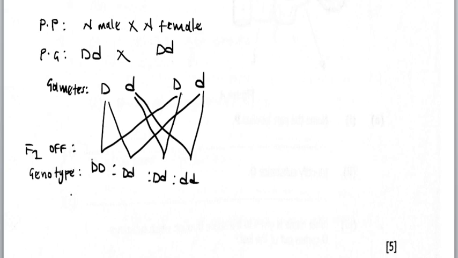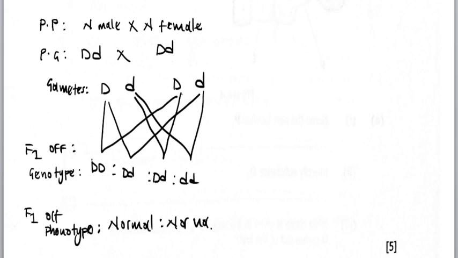All right. Now, what of the phenotype of the offspring? So the first generation offspring phenotype: we have normal, again normal, normal, then the last one is stunted.